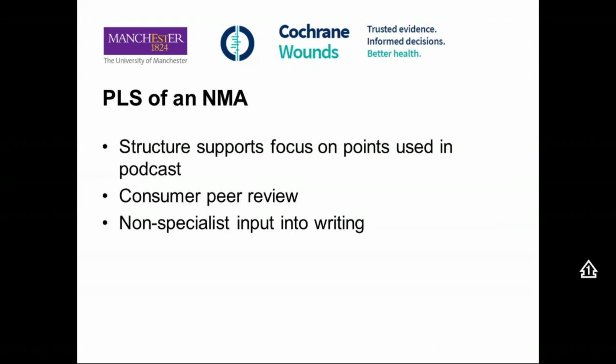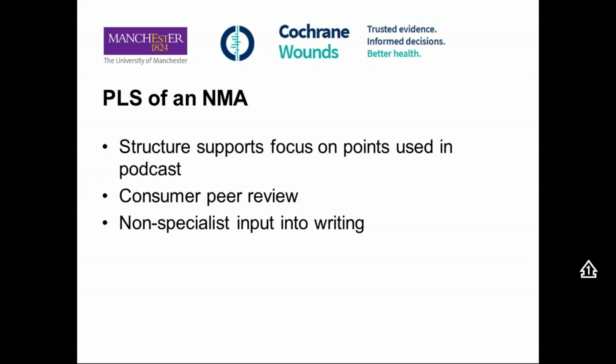When you're writing your plain language summary, this is compulsory with a Cochrane review, and the structure is also given to you, which supports that focus on the points you would use in a podcast. And it also comes with the built-in feature of consumer peer review at the end of it.